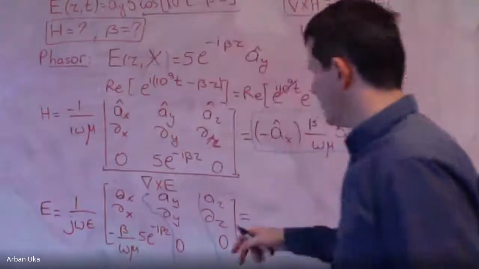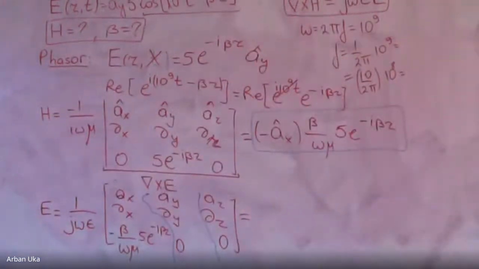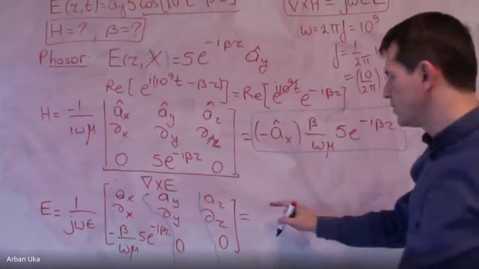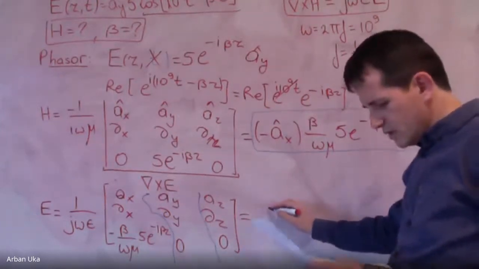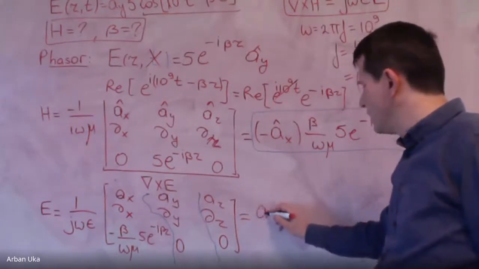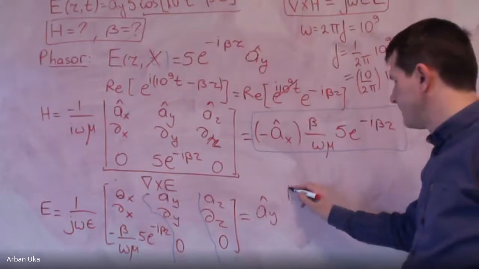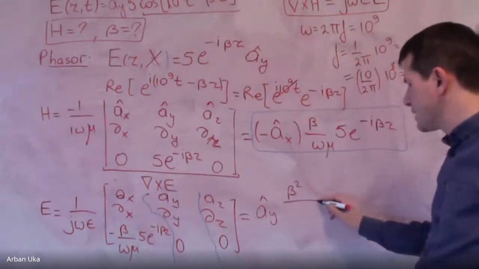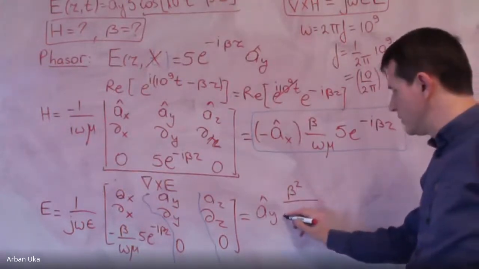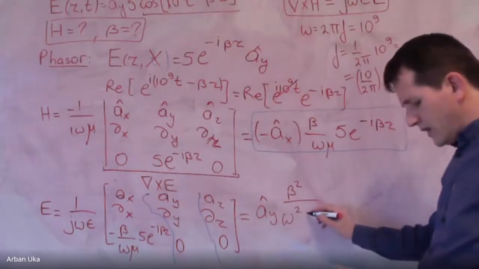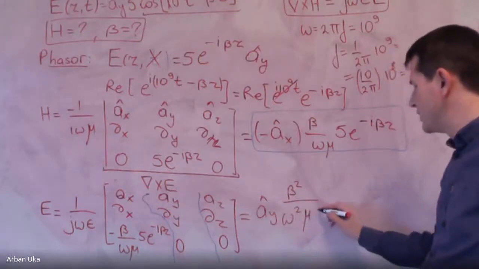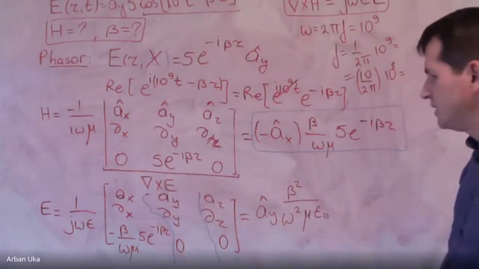Okay? So we just try to solve this one, and for the E, what we find about the E is the following. So finally, this will be equal to AY times beta squared over omega squared permeability times permittivity.